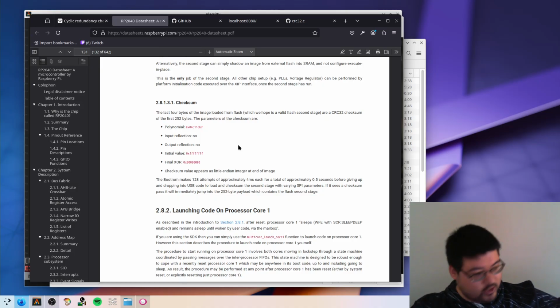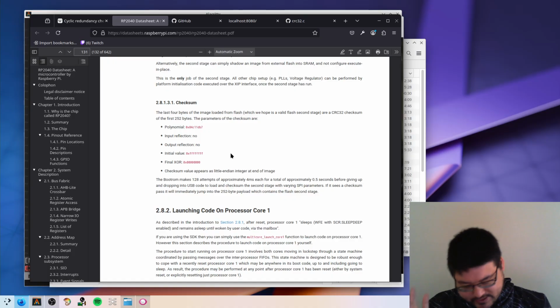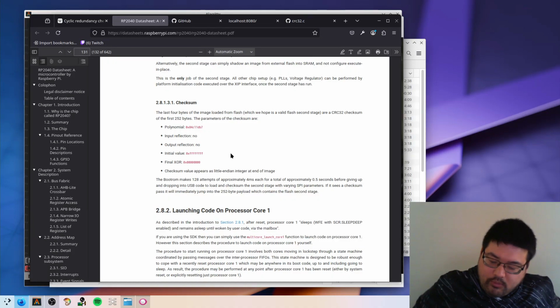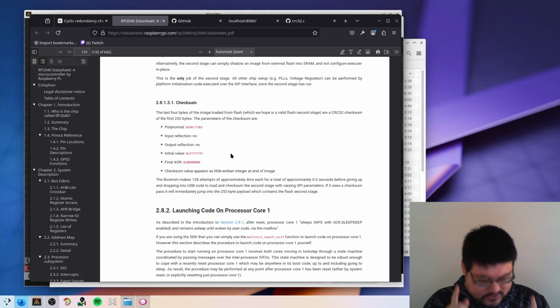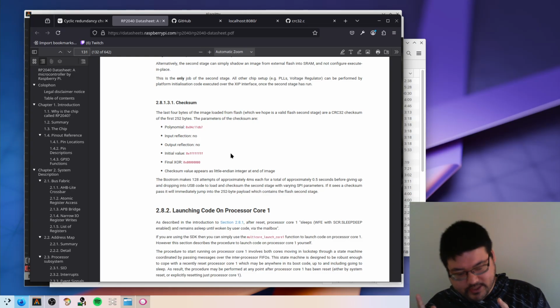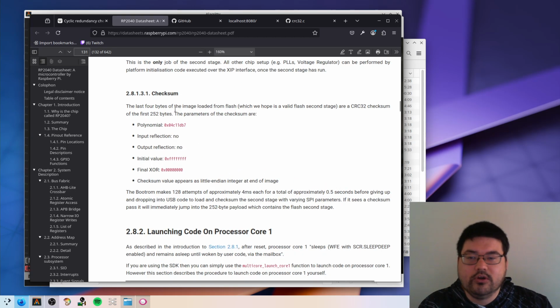If so, let's run it, right? So it tries to run bootloader stage 2. But in order to check if bootloader stage 2 is there, it looks at the first 252 bytes of what's on the onboard flash, and says, hey, do the next 4 bytes indicate that the first 252 bytes are sane? Right? And the way it does that is through a cyclic redundancy check, CRC32.